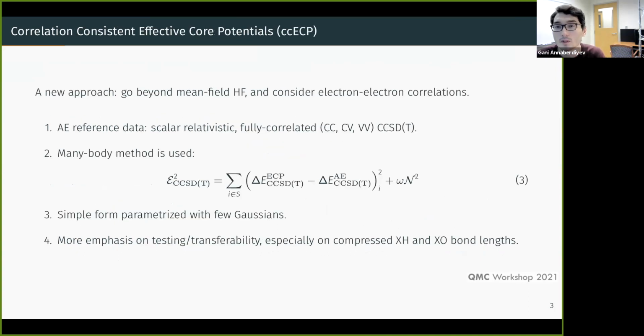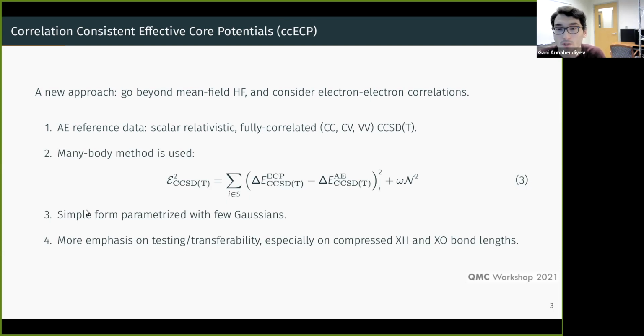Okay, so now I want to introduce this so-called correlation consistent effective core potential. This is a newer generation of ECPs, and essentially it goes beyond mean field approaches such as Hartree-Fock, and it tries to incorporate explicit electron-electron correlations.